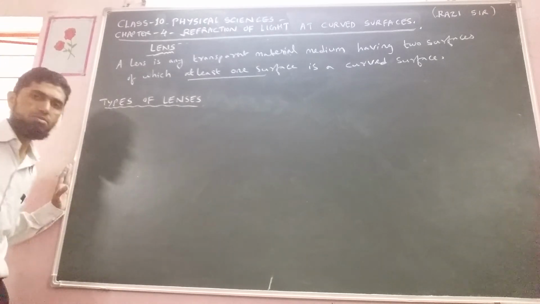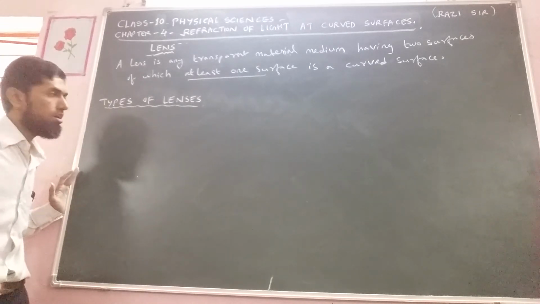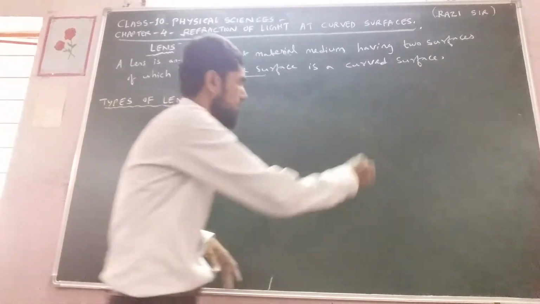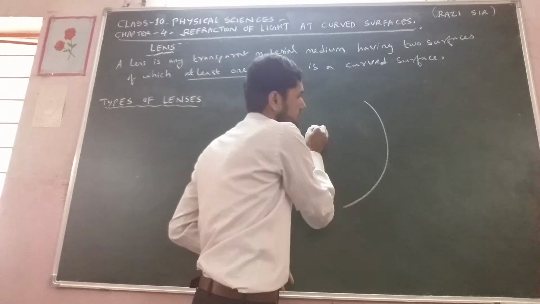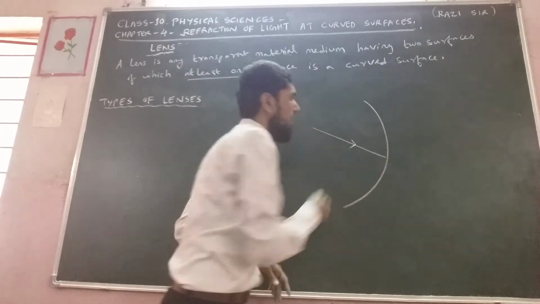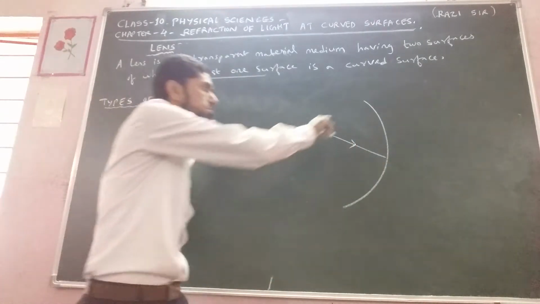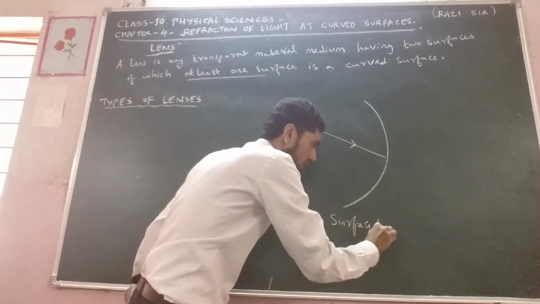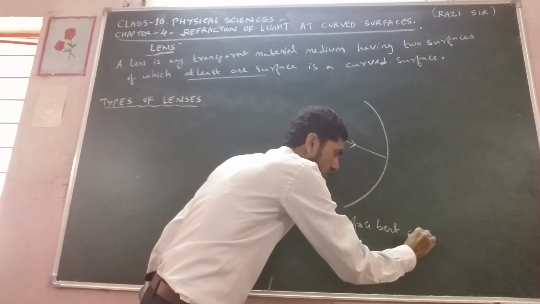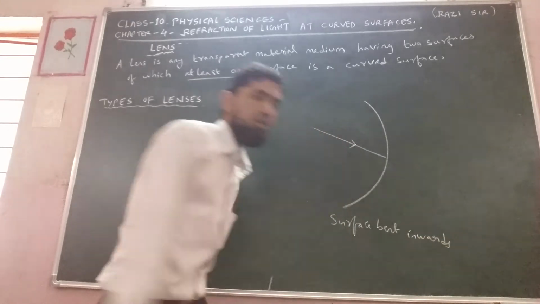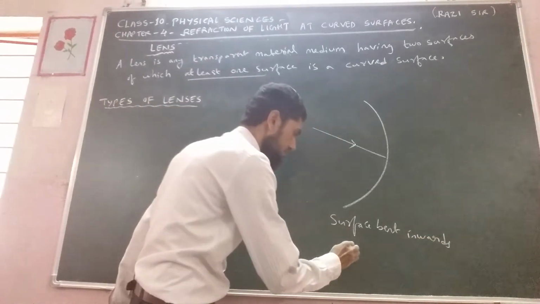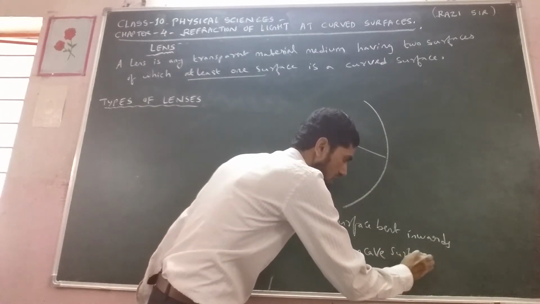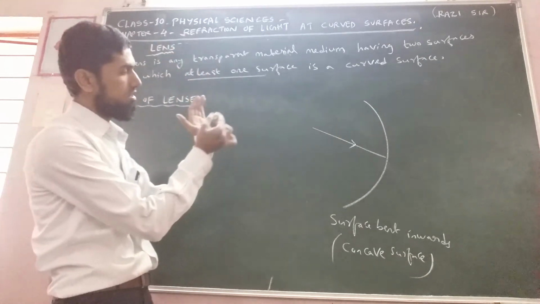So now let us learn regarding the types of lenses. We have various types of lenses that depend on the concave and convex surfaces. Let us see what is a concave surface. Suppose I draw a surface this way which is bent inward. What is this surface called? This is a concave surface, bent inward.